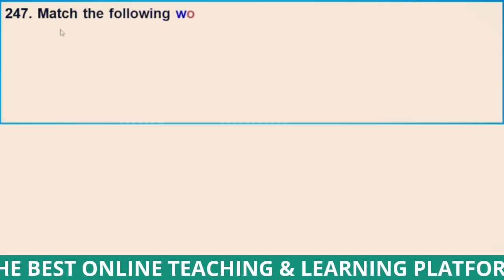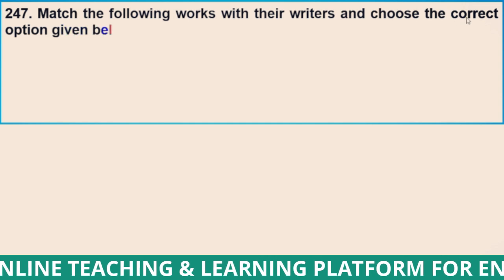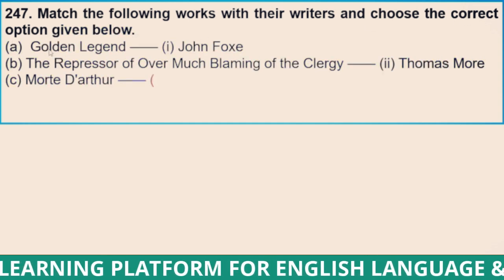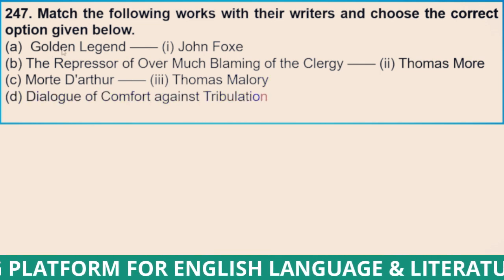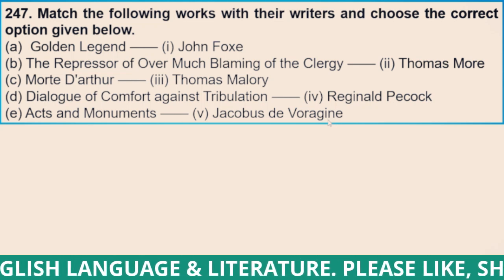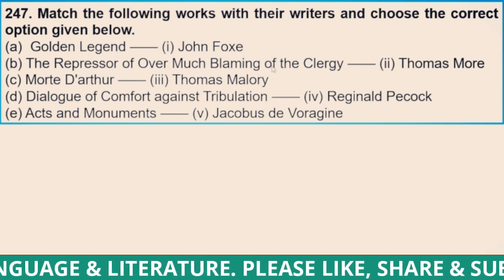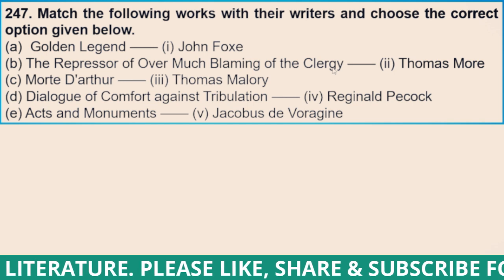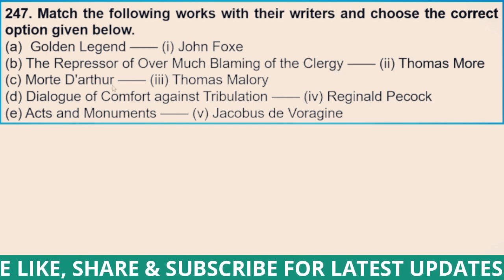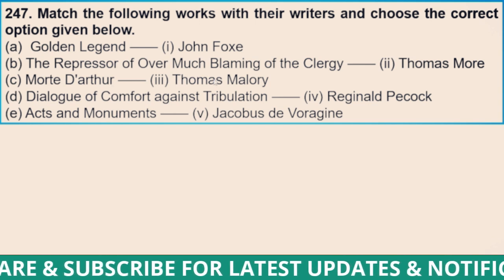Match the following works with their writers and choose the correct option given below. So here, Golden Legend is written by Jacobus de Voragine. The Repressor of Over Much Blaming of the Clergy is written by Reginald Pecock. Morte d'Arthur is written by Thomas Malory.